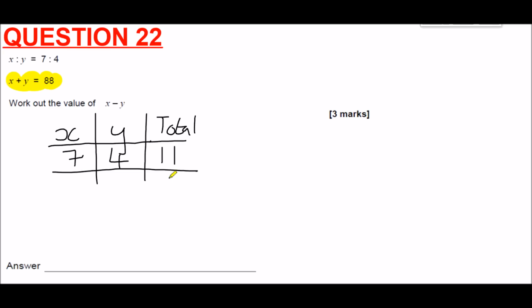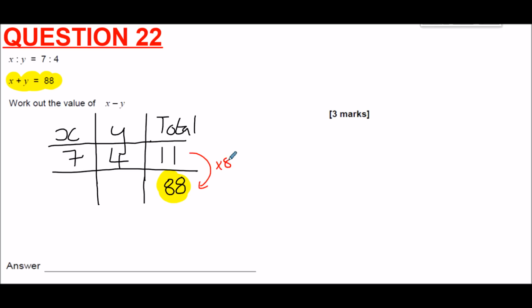So we can use that fact to work out what x plus y must be. So it can't be 7 and 4 because that only gives us 11. We need it to give us 88. And so how many times bigger is 88 compared to 11? The answer is it's 8 times bigger.